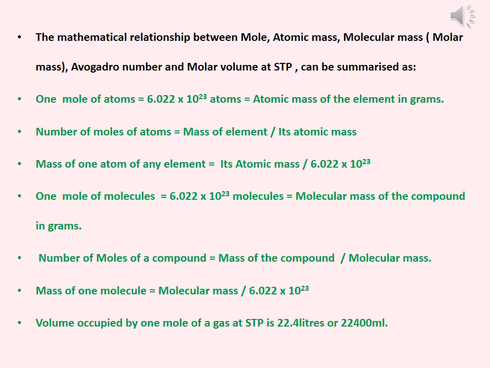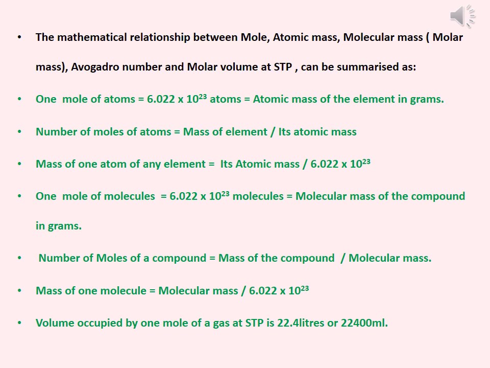Similarly, 1 mole of molecules means a collection of 6.022 into 10 power 23 molecules. And what is the mass of it? That is equal to the molar mass of the compound in grams.